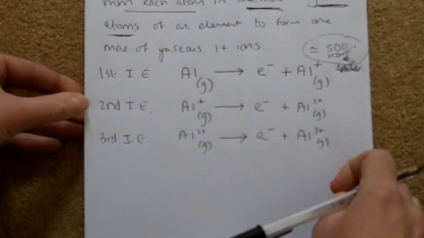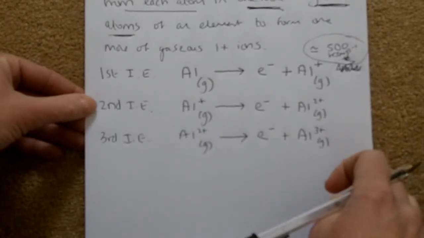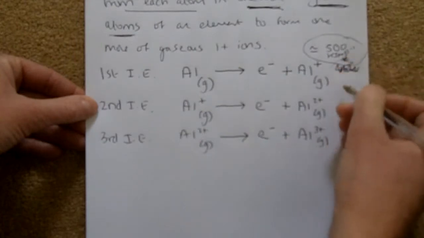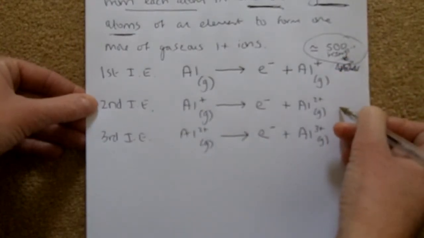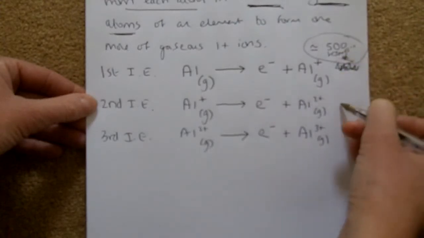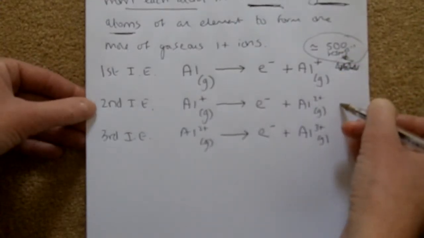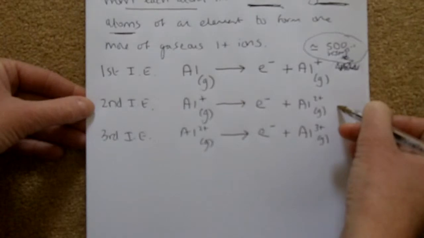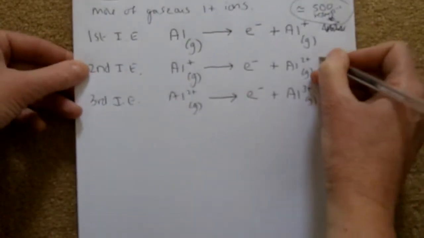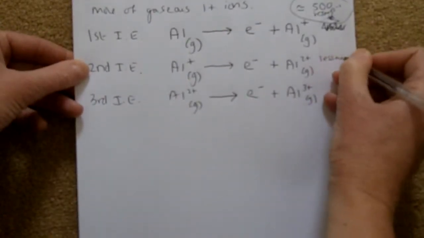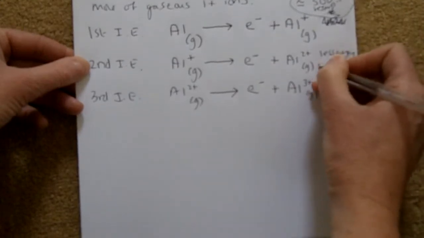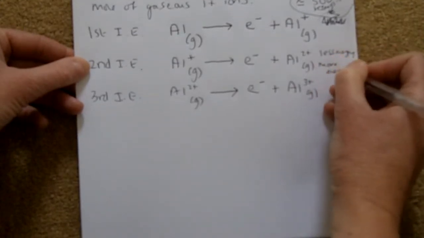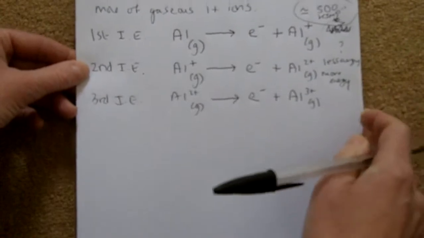What will the second ionization energy be? Will it be a number smaller? Will it be less energy to remove the second electron, or will it be more energy than the first? Which one is it going to be?